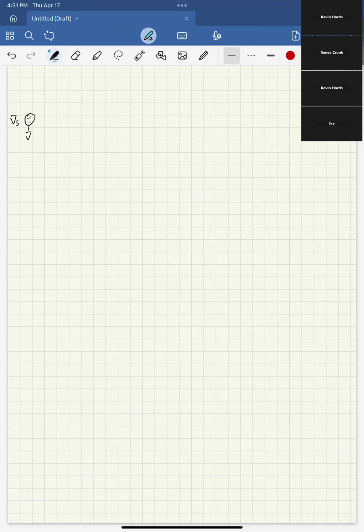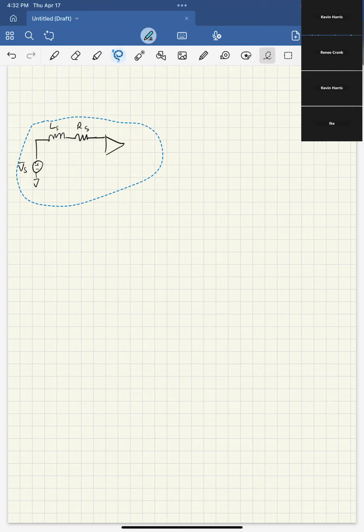We've got our VS, what we're going to call the source inductance and the source resistance. And then that goes into an op amp with the minus on top, positive on bottom.